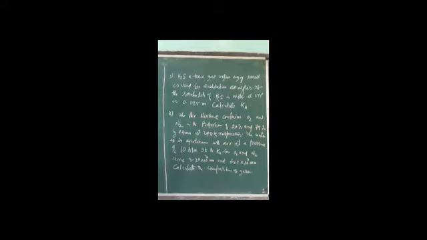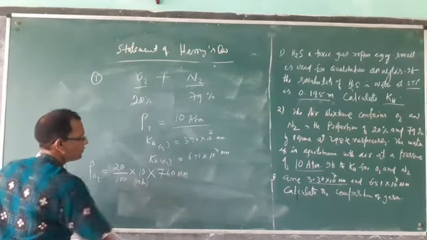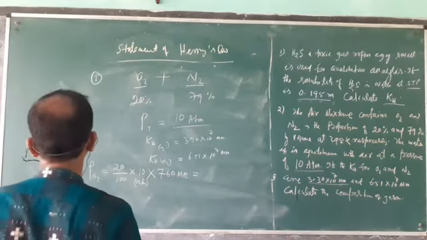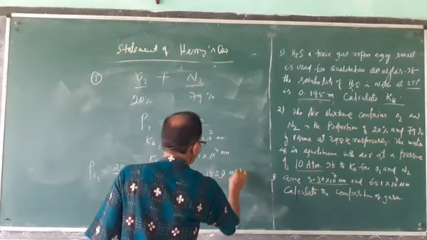We have to multiply by 760 to convert atm to millimeter. The partial pressure of oxygen will be 1520 millimeter.